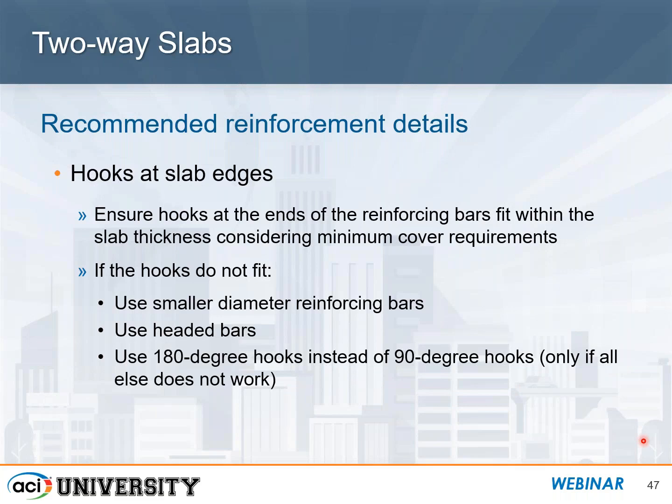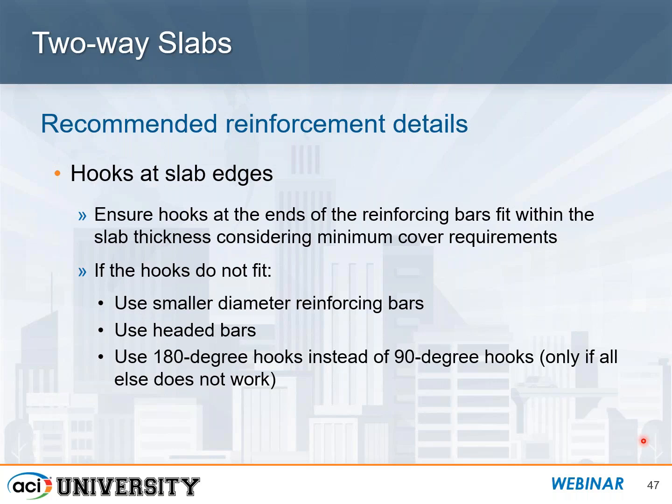As we know, the bars that are terminated at the edge of a slab need to be developed for the full yield strength of the reinforcing bar. And generally, we will provide a hook according to what's required in ACI 318. Hopefully those hooks will fit within the slab thickness. It all depends on a number of factors, obviously how thick the slab is and how large the bar is. But in case the hooks do not fit, there are a few things you can do to remedy the issue.